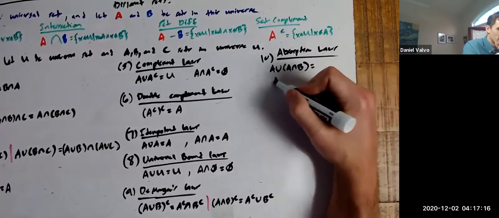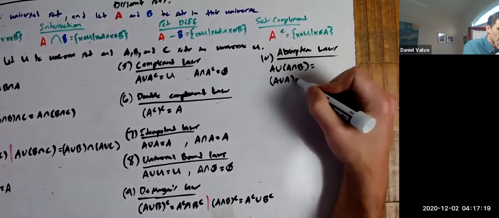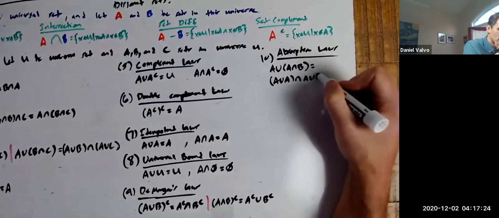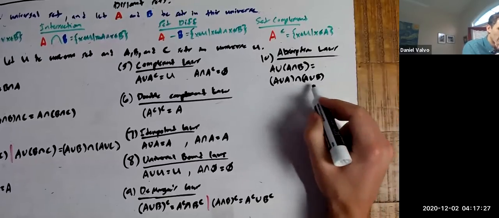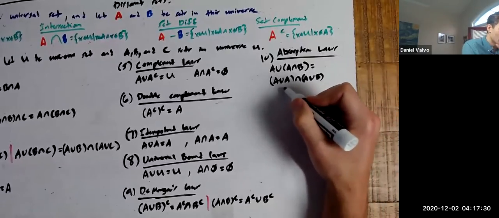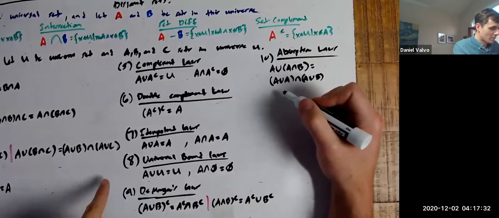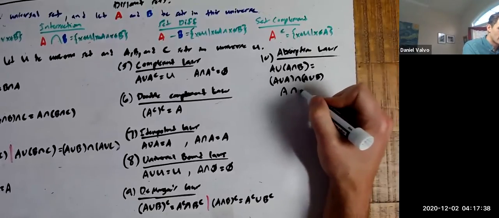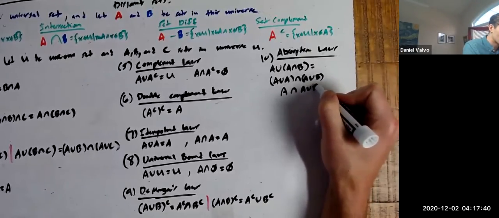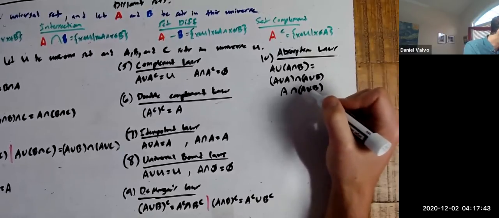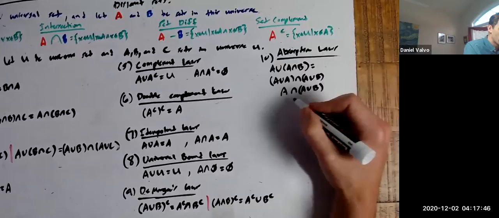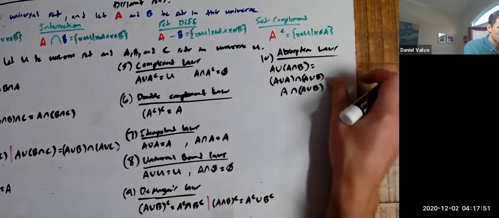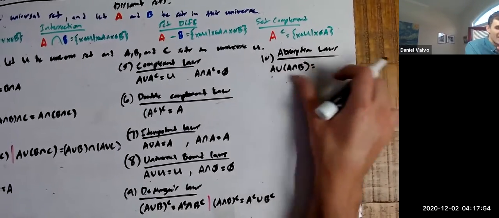But a distributive law is going to be A union A intersect A union B. Well, A union A, by our idempotent laws, that's just A, intersect A union B. But then A intersect, well, actually, let's just forget all this.